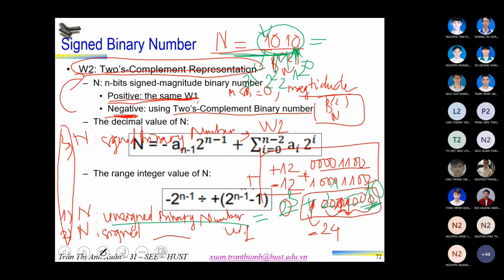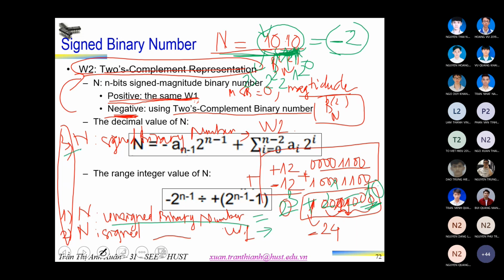So MSB here equals 1, so this expresses a negative number. The 3 digits express the magnitude, so this group corresponds to 2. Okay, so for the second, the answer here is minus 2.